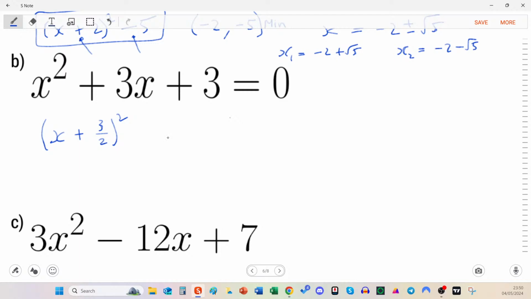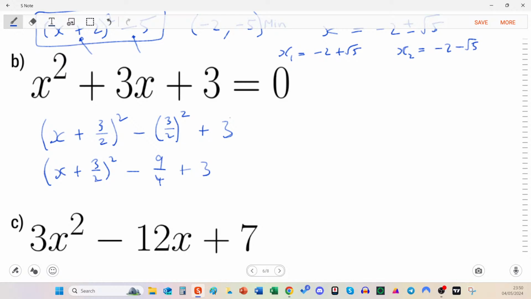And then we're going to take away this number in here squared. So we're going to take away 3 over 2 squared. And it's always take away, even if this is a negative, it's always take away. And then we're going to plus 3, because this up here is plus 3. Let's work it through. (x + 3/2)² minus 9 over 4 plus 3.